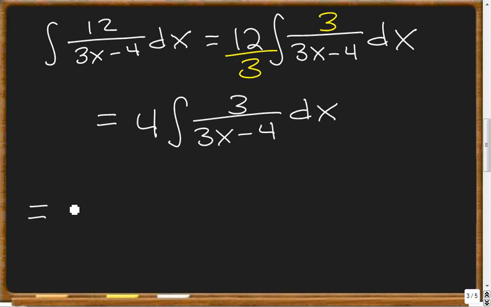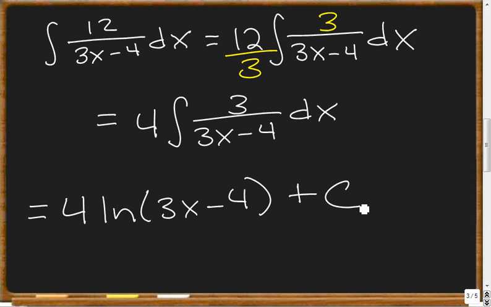So we're going to have 4 on the outside. The integral of this is the natural log of 3x minus 4 plus c. So this has given us the ability to deal with different problems.